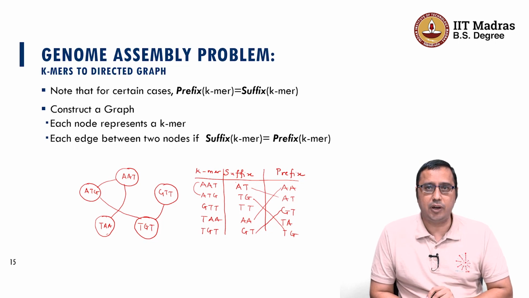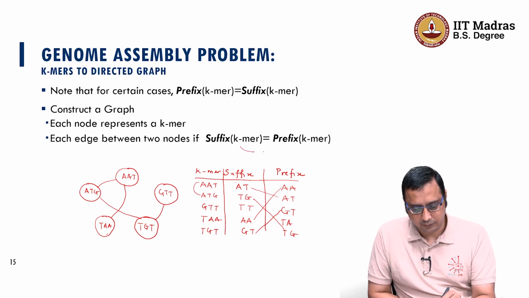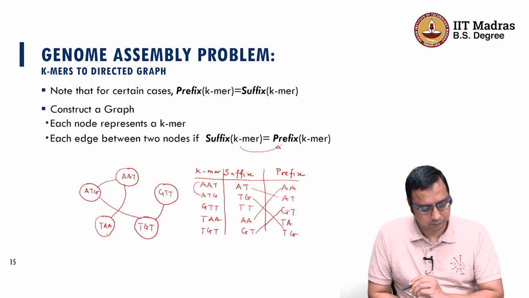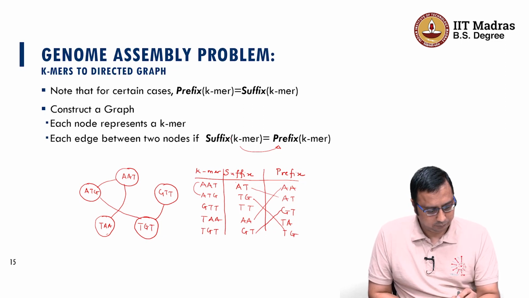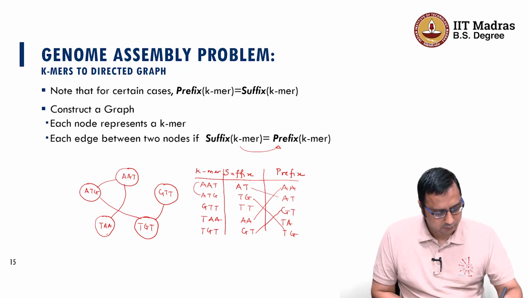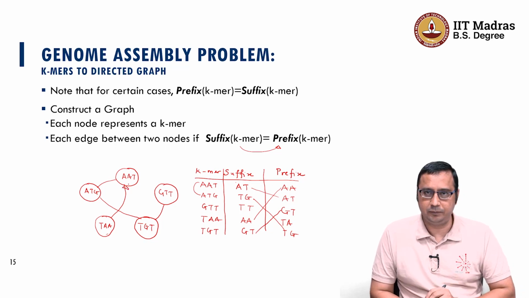We can actually put a directed edge if the suffix of a k-mer is equal to the prefix. Suffix to prefix. So for example, TAA to ATG, we have an arrow.